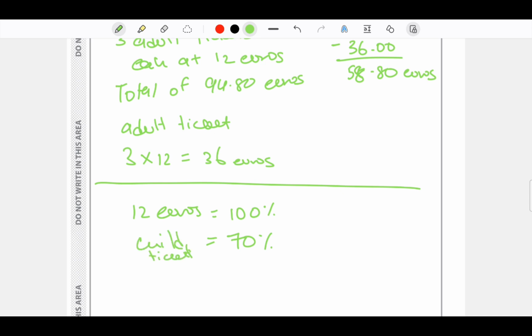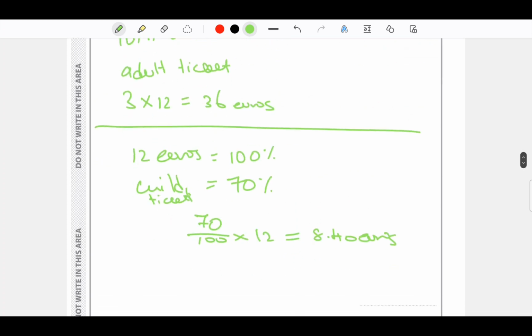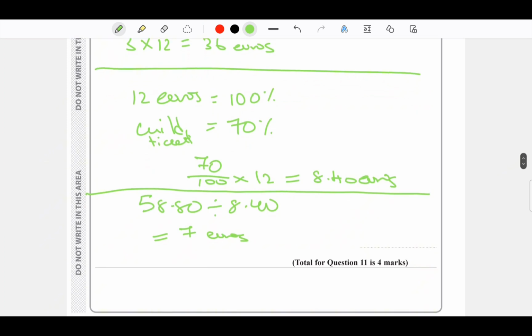So how much is the child ticket? 70 over 100 multiplied by 12, we would get our answer of 8.40 euros. So one last step would be 58.80, which was the balance of the euros. We're going to divide that by 8.40, which would give us the answer of 7. So 7 children's tickets.